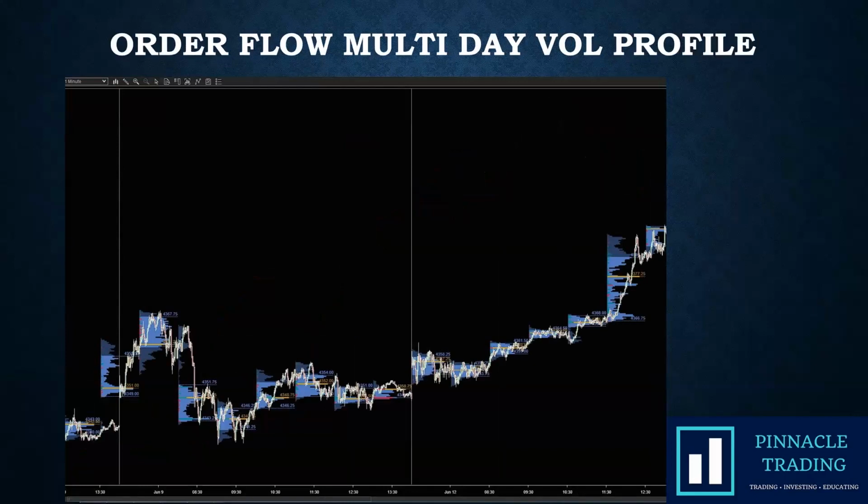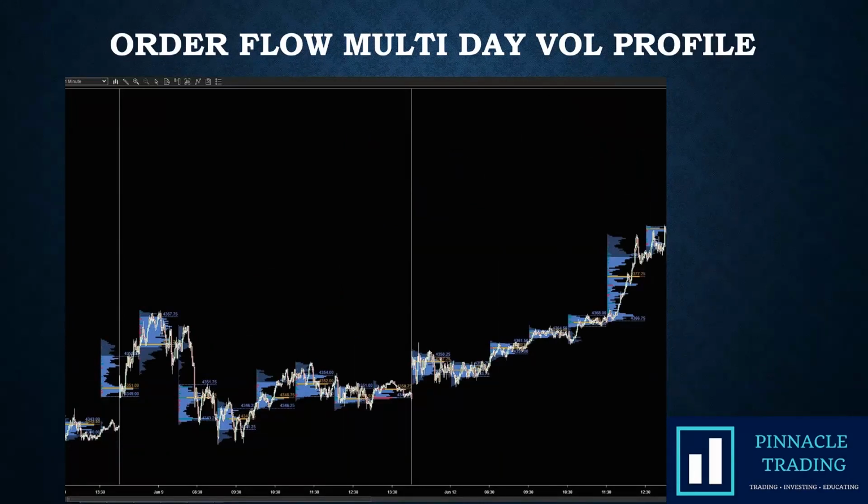Here's a multi-day profile. Again, it's showing very similar information to the previous one. It just looks a little bit different. I just wanted you to see that, and this one has the numbers. It shows the values, highs and lows, and then you'll see the points of control. You really don't need to go more than a couple days if you're day trading, okay?